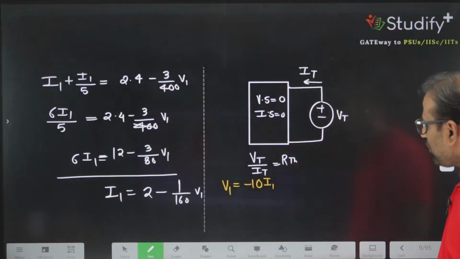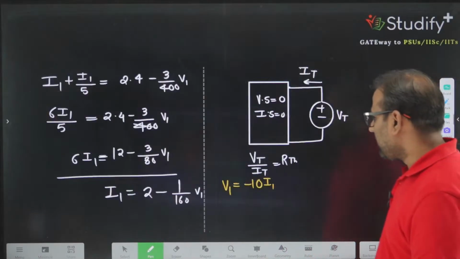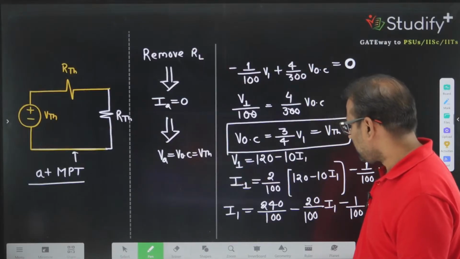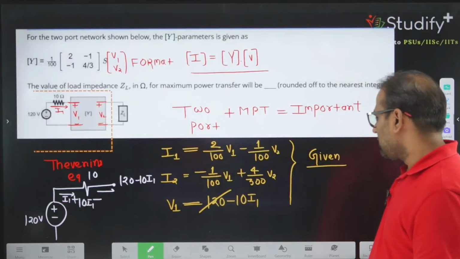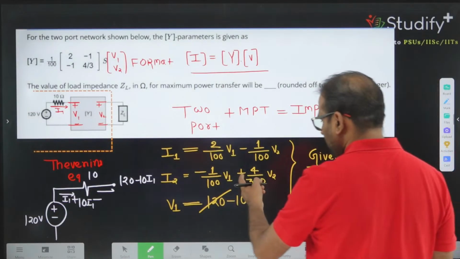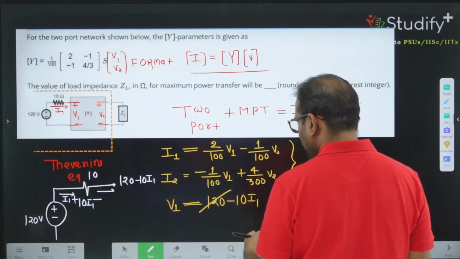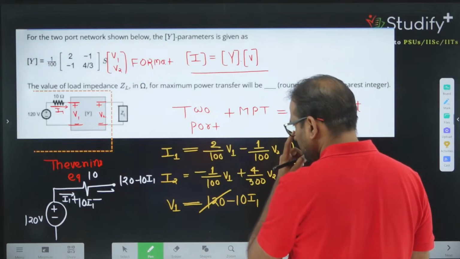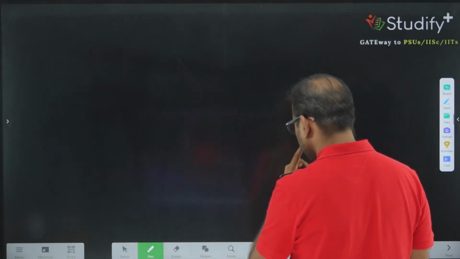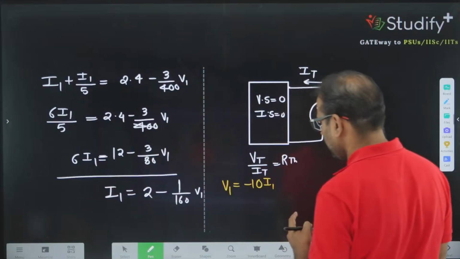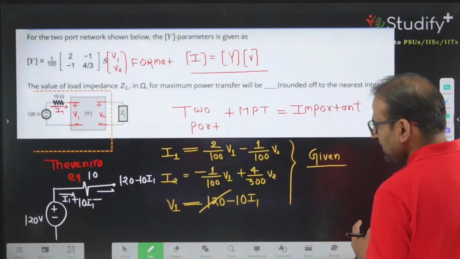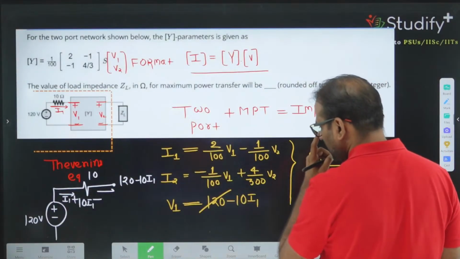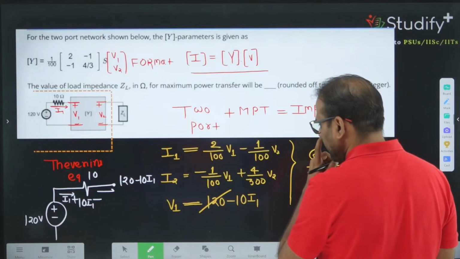And we want the V2 by I2 ratio. So we want the value of V1. V1 equal to minus 10 of I1.